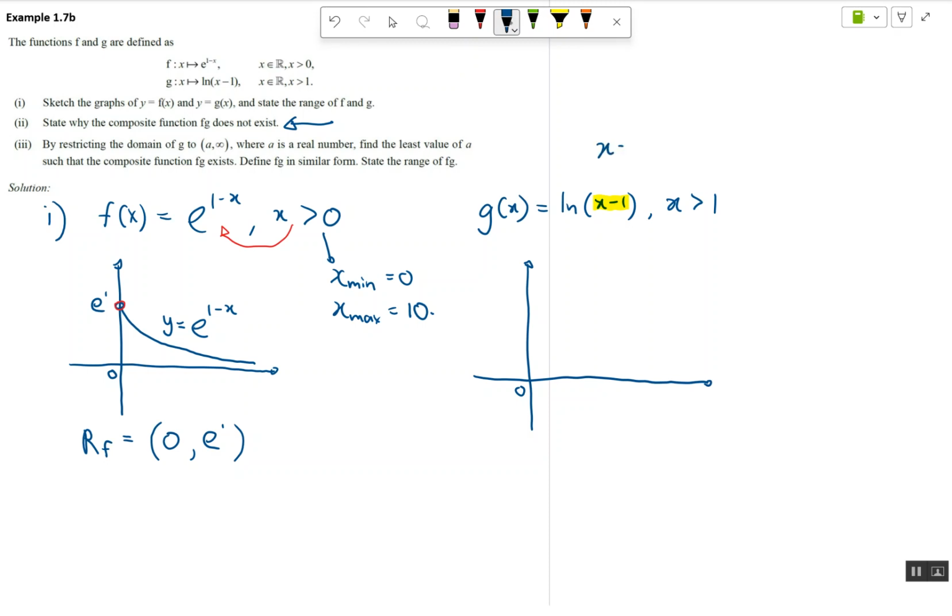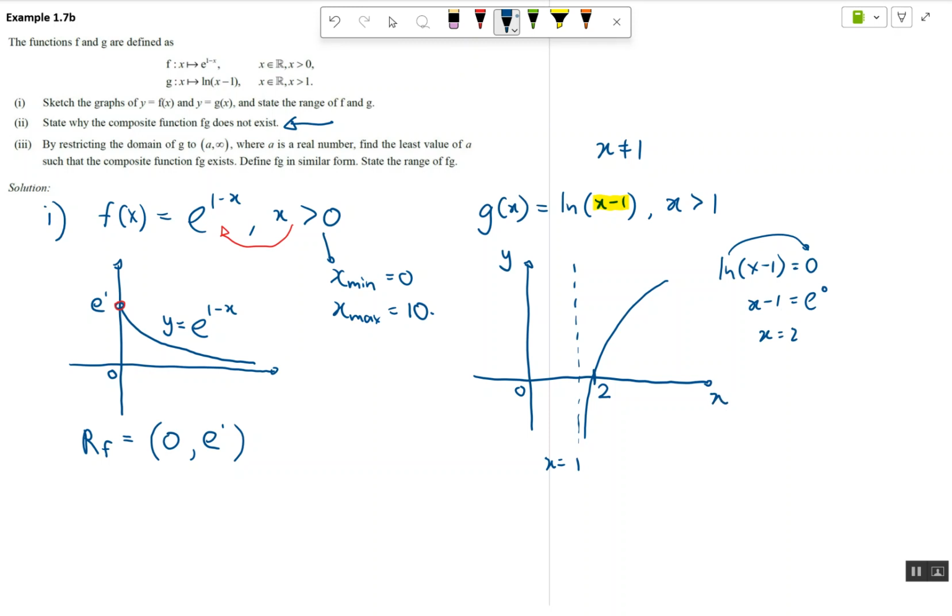I know that x cannot be equal to 1, so x equals 1 is the vertical asymptote. If you follow the GC, it will look like this. And what is here? You have to know that it is 2, or you can just set ln(x minus 1) equal to 0. Inverse of ln is e, so x minus 1 equals e to the power 0, which is 1, x equals 2, and that is the x-intercept.